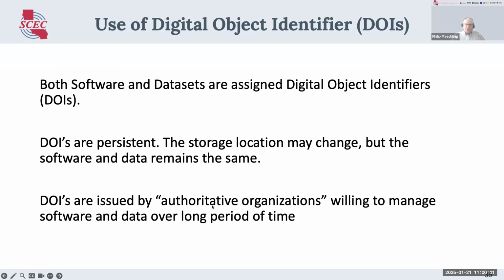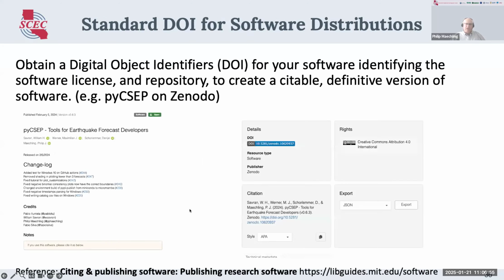DOIs are issued by authoritative organizations that are willing to manage software and data over a long period of time. At this point, SCEC does not issue DOIs, but we go to external organizations that issue DOIs for our products.